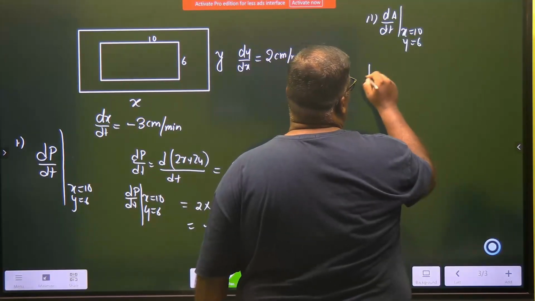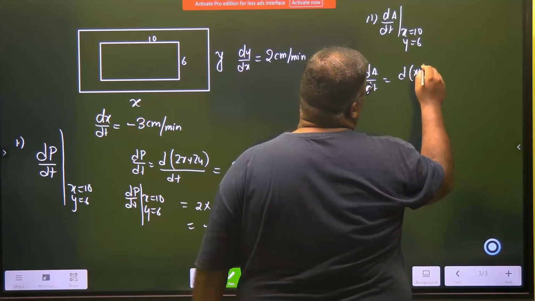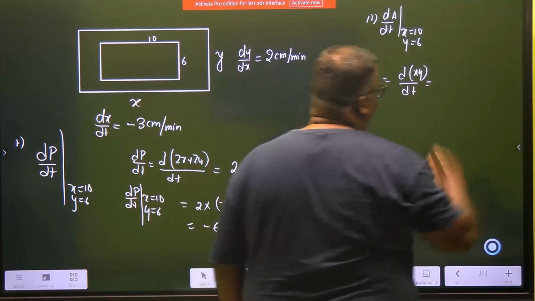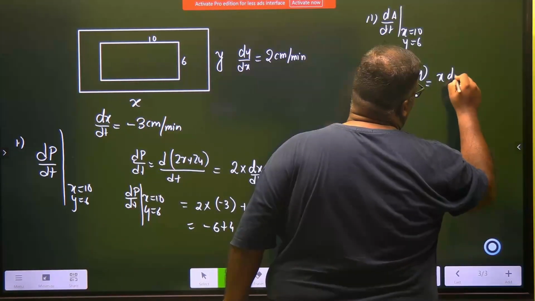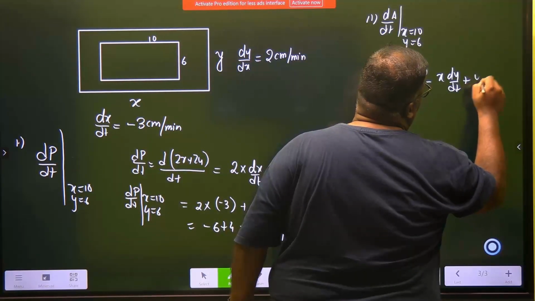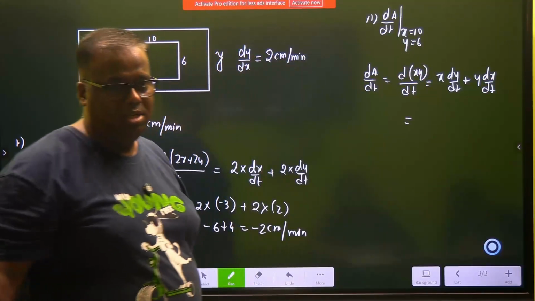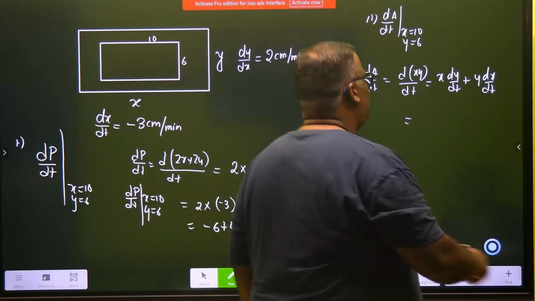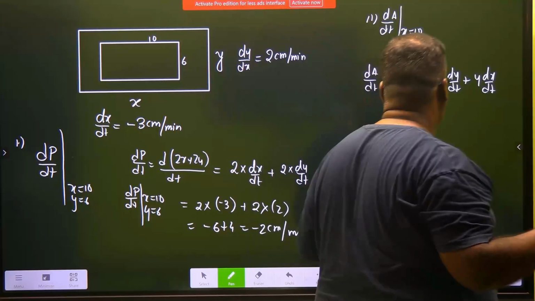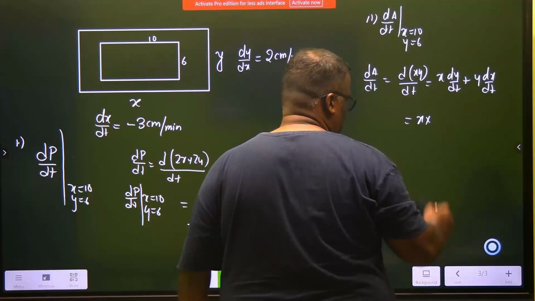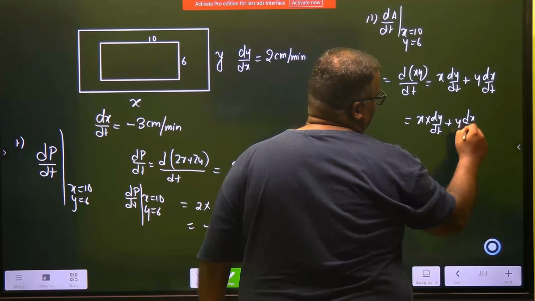So we write here dA upon dt is given as d of xy by dt. Yes or no? d of xy means how will we do? x into dy by dt plus y into dx by dt, because both are variables. I am using the product rule. So this is x into dy by dt plus y into dx by dt.